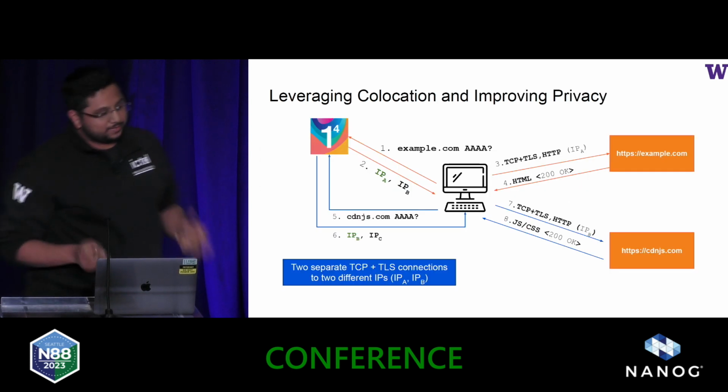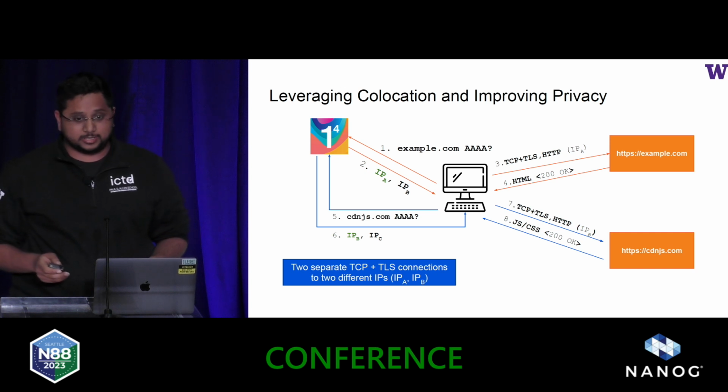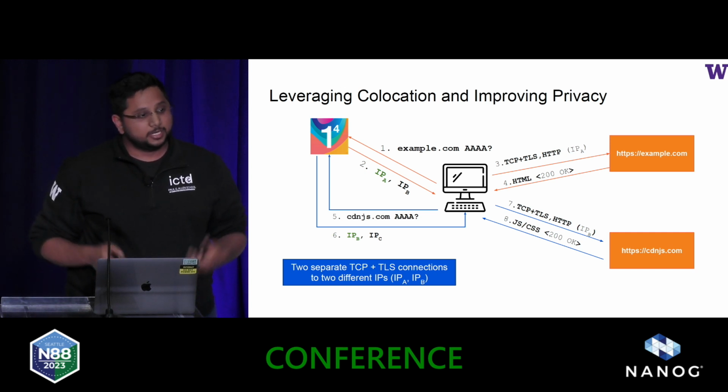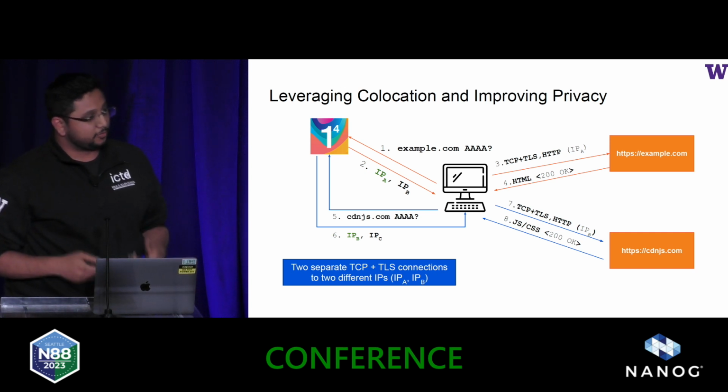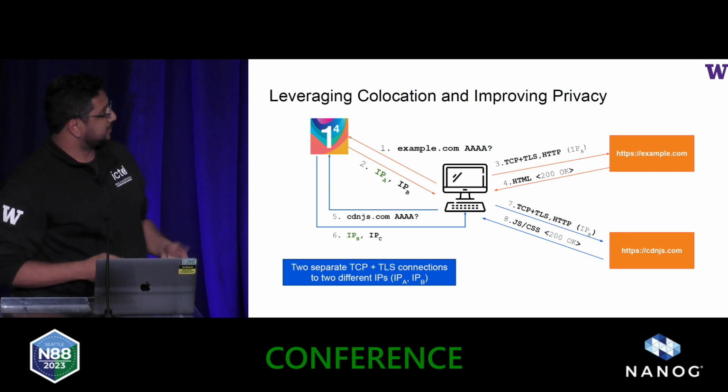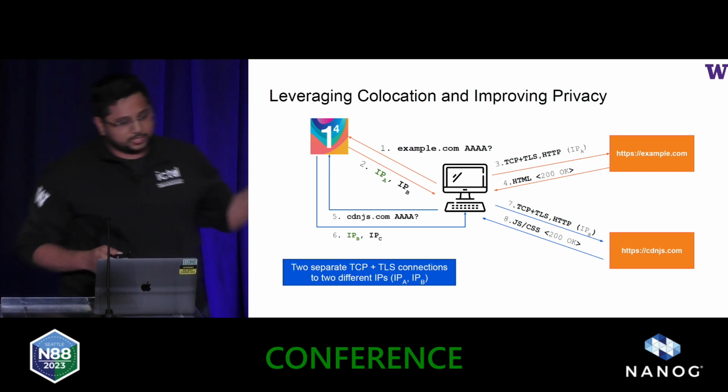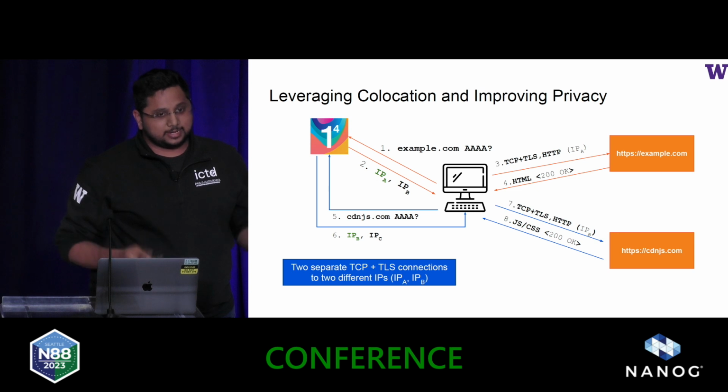So can we leverage this co-location of information and resources to do something interesting for performance and also for privacy? What you see here is a standard workflow used by browsers.